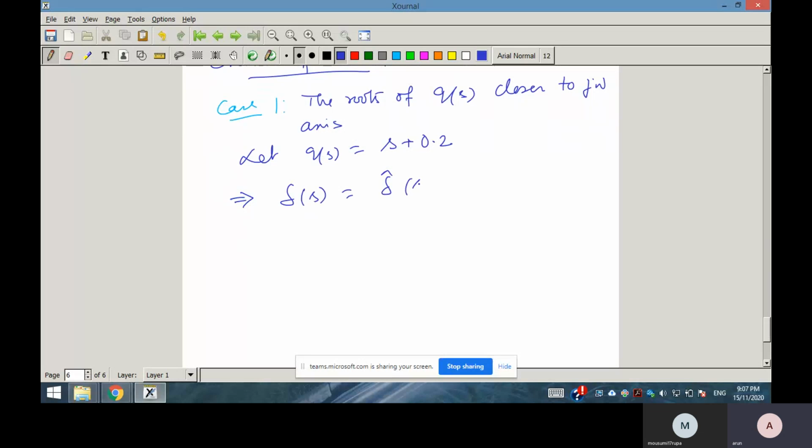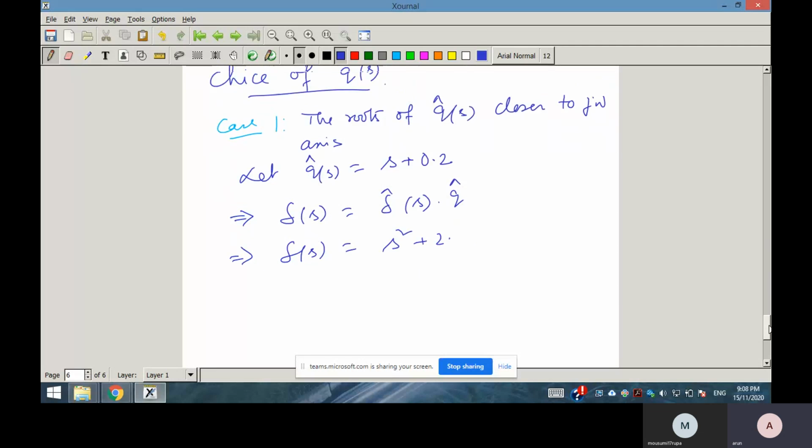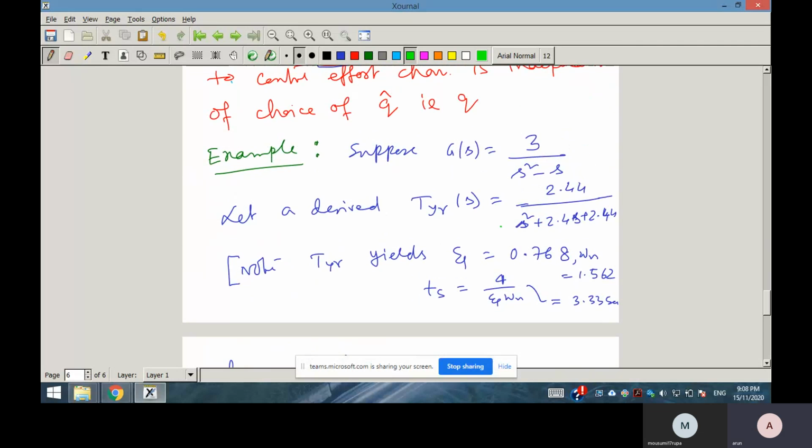Delta S is delta hat S into Q hat S. Sorry, this is a delta hat S, and this is your alpha into CS.